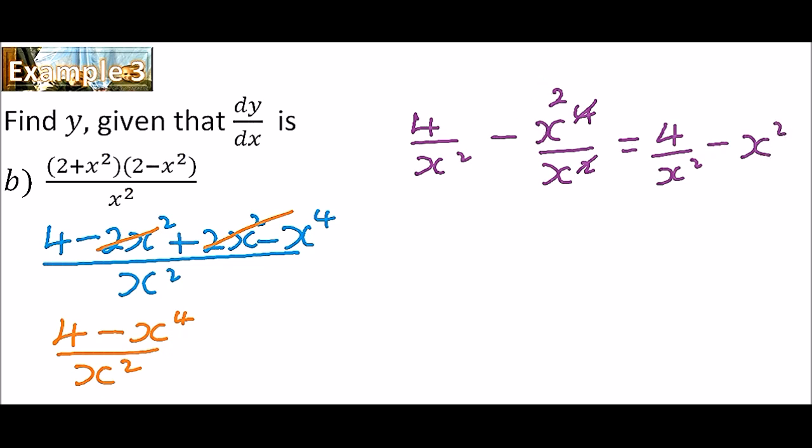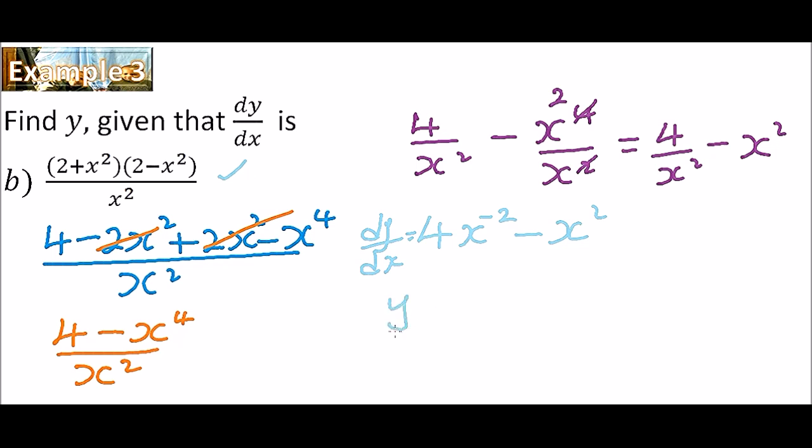This is the same as 4x to power minus 2 minus x squared. So this is our dy over dx after we simplify the gradient function given here.